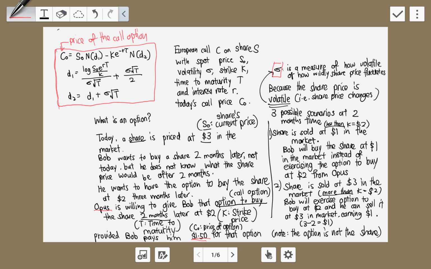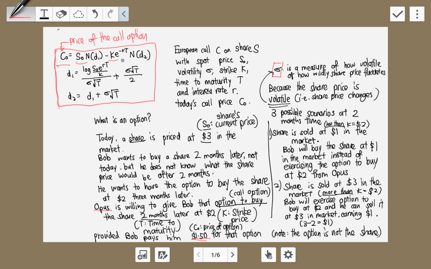And what is the right price for such an option? People have been thinking about it, and some mathematician has come up with a formula that is reasonable for pricing an option. It factors in the current price of the share, and the strike price that the two parties agreed upon to buy or sell.